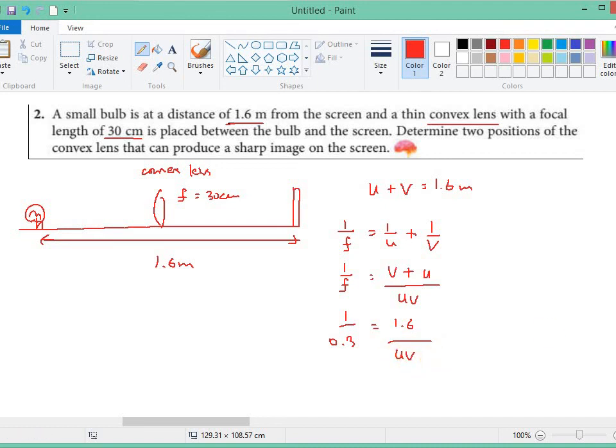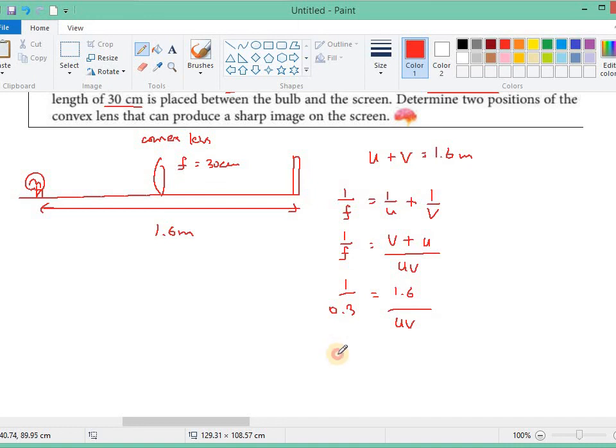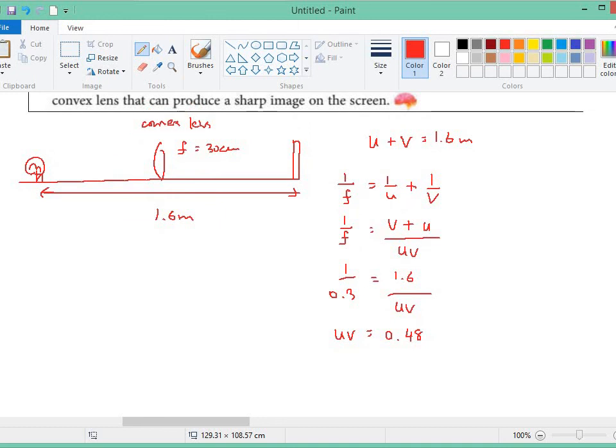So uv is equal to 0.48. This is equation 1, and this is equation 2.